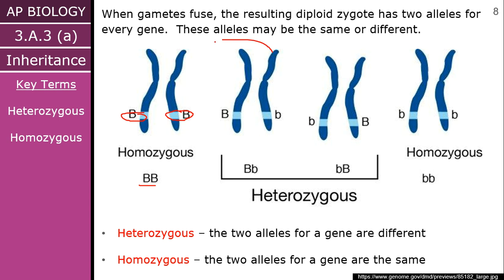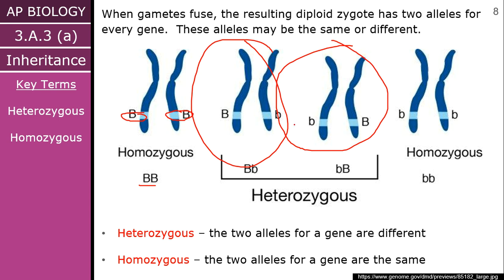This individual over here has a capital B and a lowercase b. This individual has a lowercase b and a capital B. The order doesn't matter. Generally, you're going to write it like this with the capital first. Okay? You will rarely write it with the lowercase first. It's never wrong, but it might confuse you. So at least be consistent, whatever you do. And then you can also be homozygous for the little b, so having 2 of the little b.